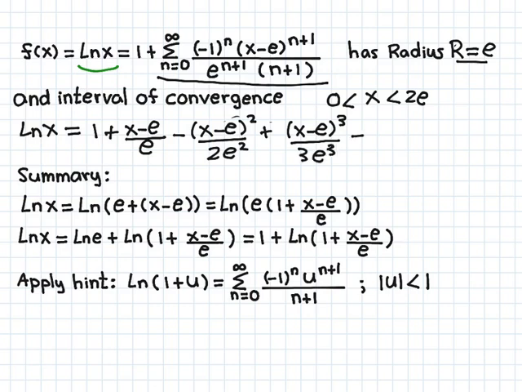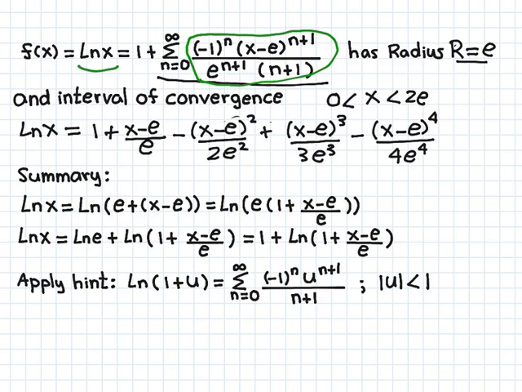And plug in n equals 3, we're going to get minus (x minus e) to the power of 4 divided by 4 times e to the 4. So that's just plugging in different values of n into the general term for this summation, and we expand out the series just to get a feel of what this series looks like when it's expanded.